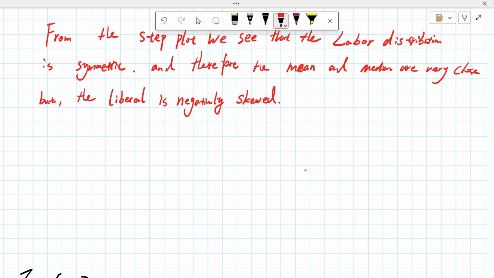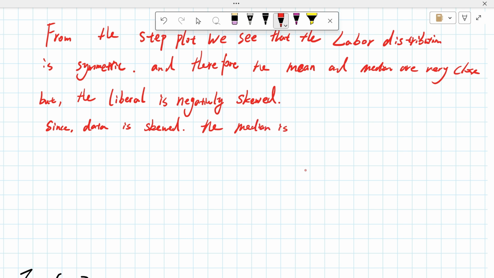So now we say since the data is skewed, the median is actually the perfect answer.